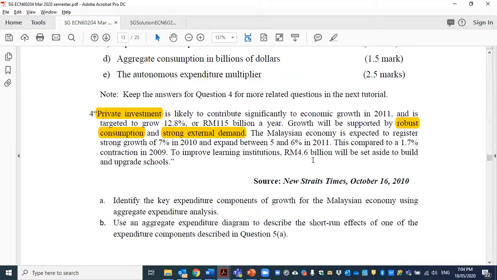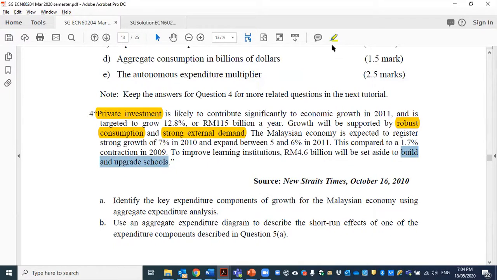Next, to improve learning institutions, this amount will be set aside to build and upgrade schools. What do you understand from this? Build and upgrade schools. Does it talk about infrastructure?